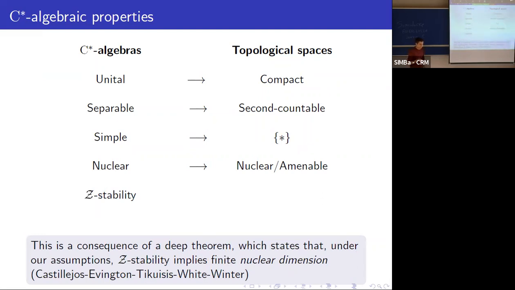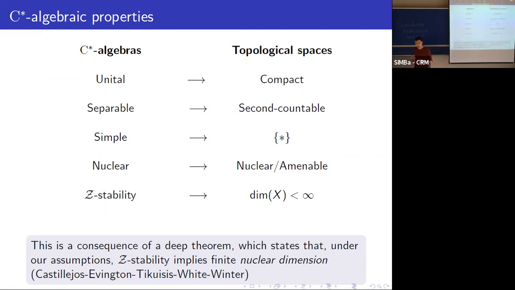Now, to give you an exact definition of this would require many other definitions. So instead, all I'm going to say is that under these 4 assumptions, so our C*-algebra unital, separable, simple, and nuclear, stability might be regarded as a dimensionality notion. So you might regard stability as something that says that the algebra is finite dimensional in a highly non-trivial sense.